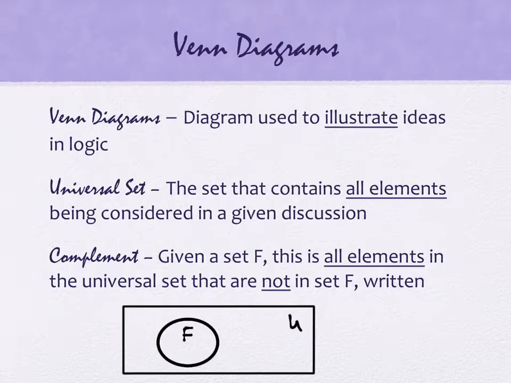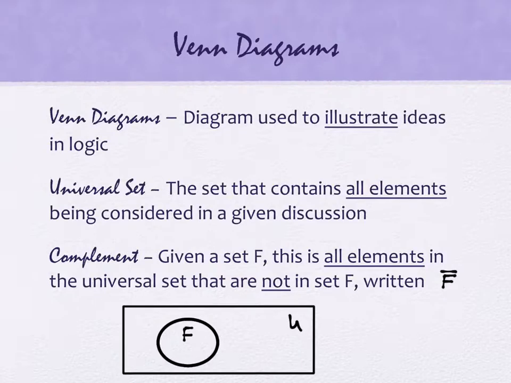And that is actually written with the letter F and a line on top of it. Now, that's not the only way that this can be written, but it is your notation for your book. So let me show you a couple other notations that you might run across if you were to Google something about this, or if you were to watch somebody else's YouTube video, and you're like, what's that notation about?